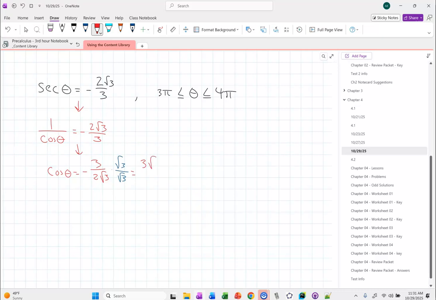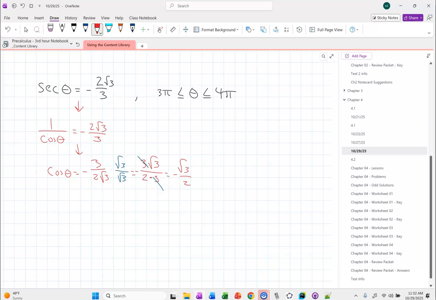So the square root of 3 times the square root of 3 is the square root of 9, which is 3.